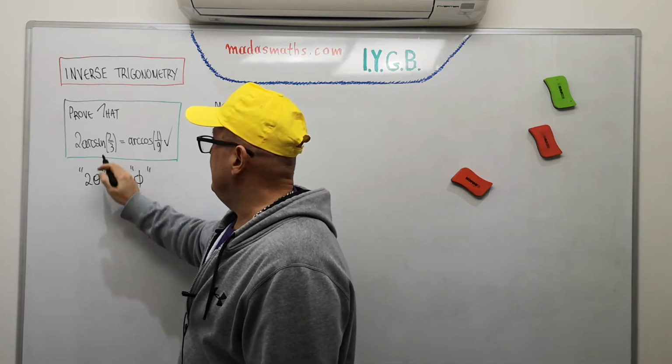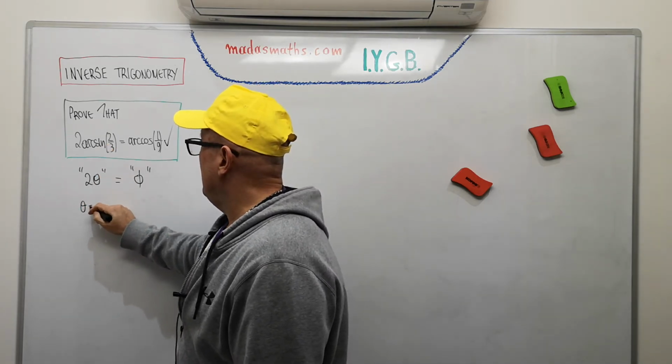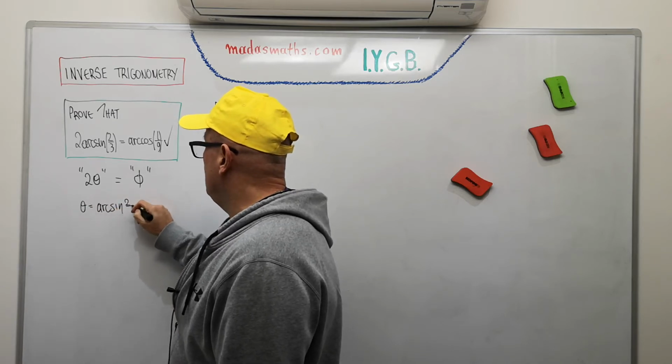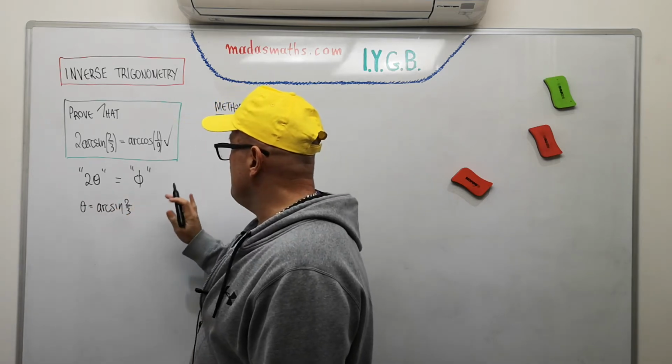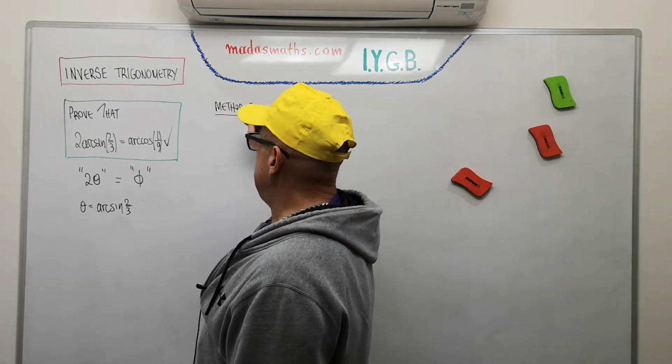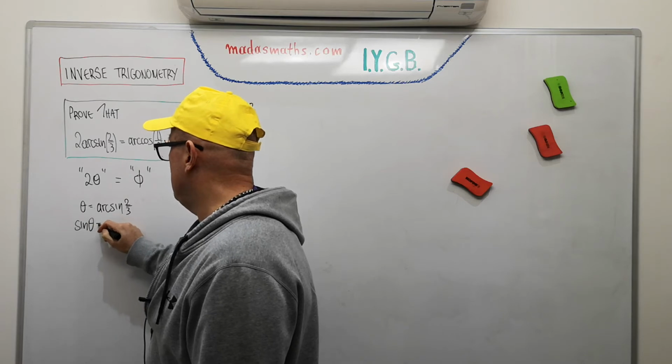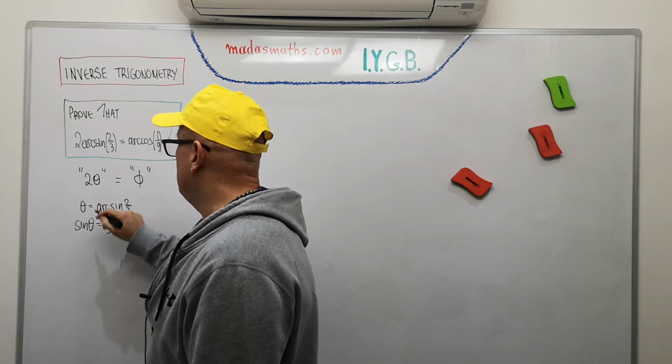If we call this theta, so theta is the arcsine of 2/3, and I do stress this is not much different from method B, it's just a variant, and equivalently the sine of theta is equal to 2/3.